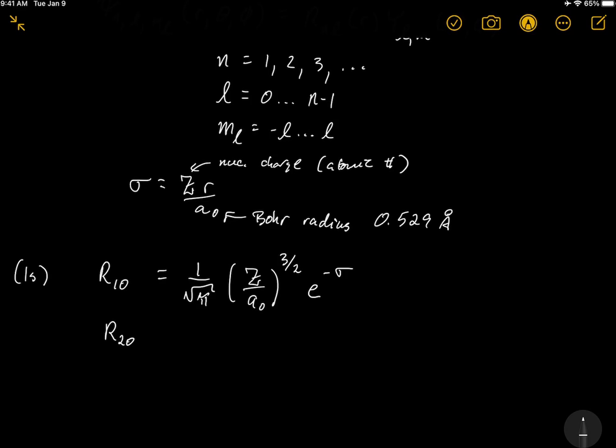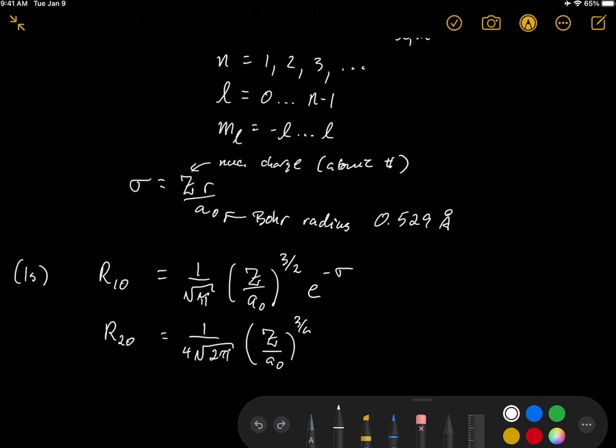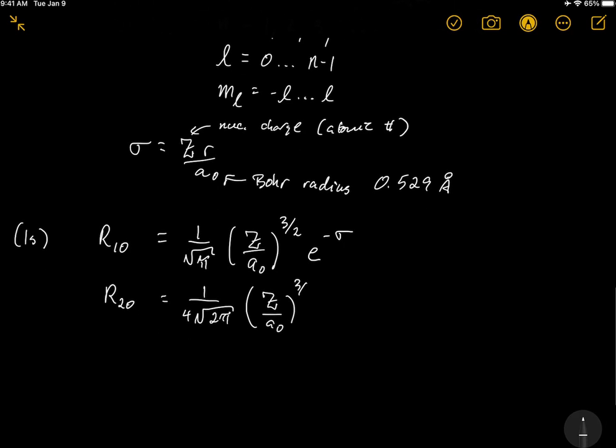R20 is our next wave function that we're going to talk about, and it has a slightly different normalization constant out front. It still has Z over a naught to the 3/2, and we have a 1 over 4 root 2 pi.